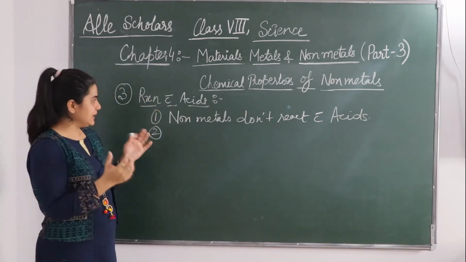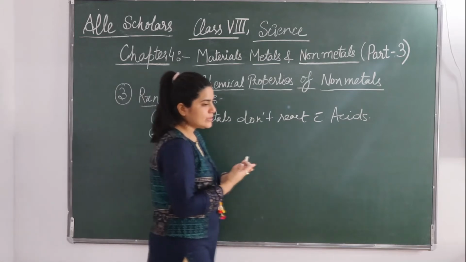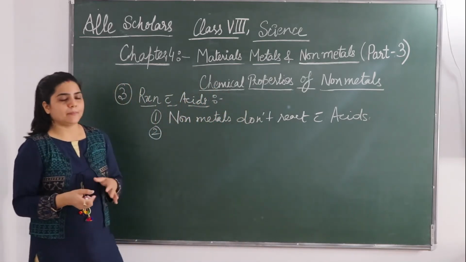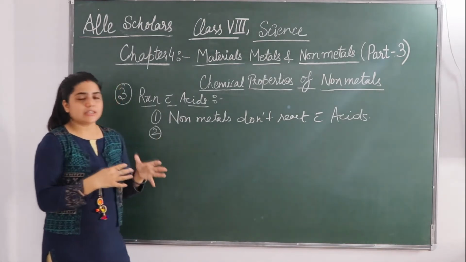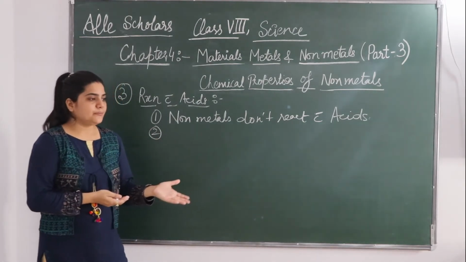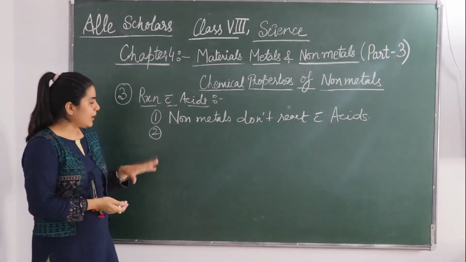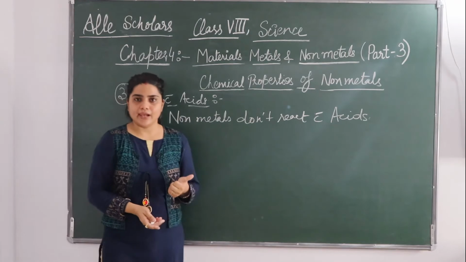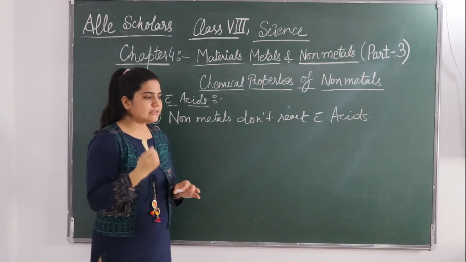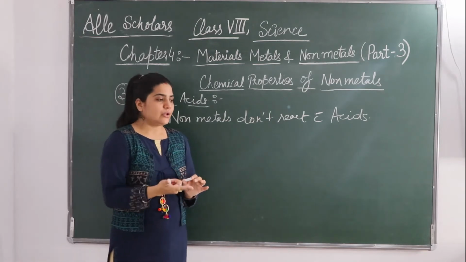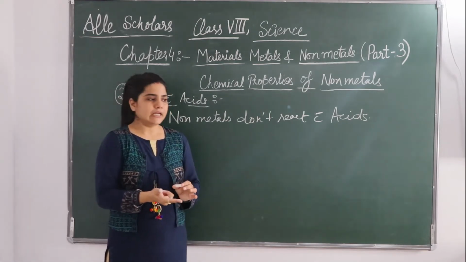What happens when a reaction takes place between non-metals and acid? Metals donate electrons to the H plus ions produced by the acids, but non-metals are acceptors of electrons. We all know that non-metals accept electrons, hence they do not donate electrons to the hydrogen ions of the acid.